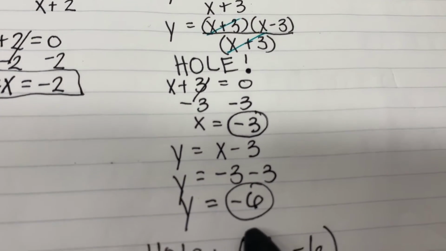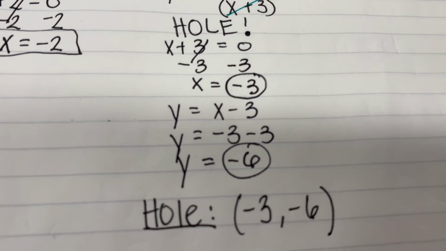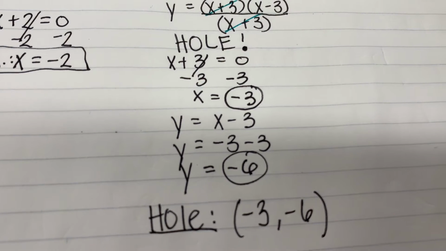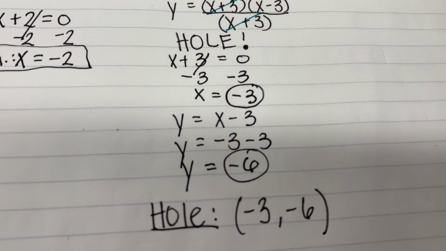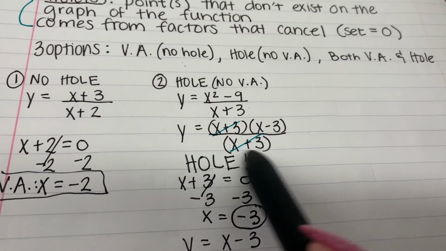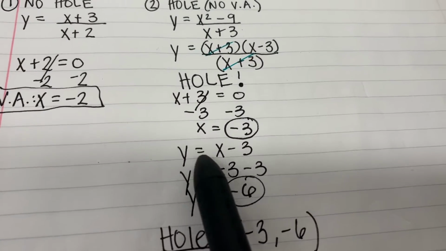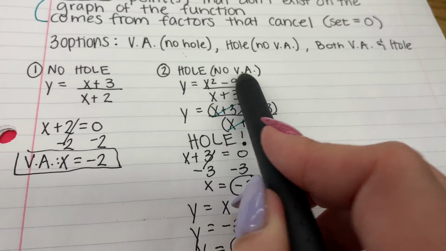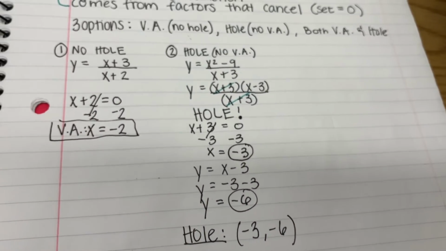So like input-output table from Algebra 1. When we substitute -3 in for x into whatever's left over, we get -6. So we have a hole at -3, -6. So something to memorize. The hole comes from when you cancel something out and you're looking for a point. Because there's no denominator left after we cancel, there's no vertical asymptote here.